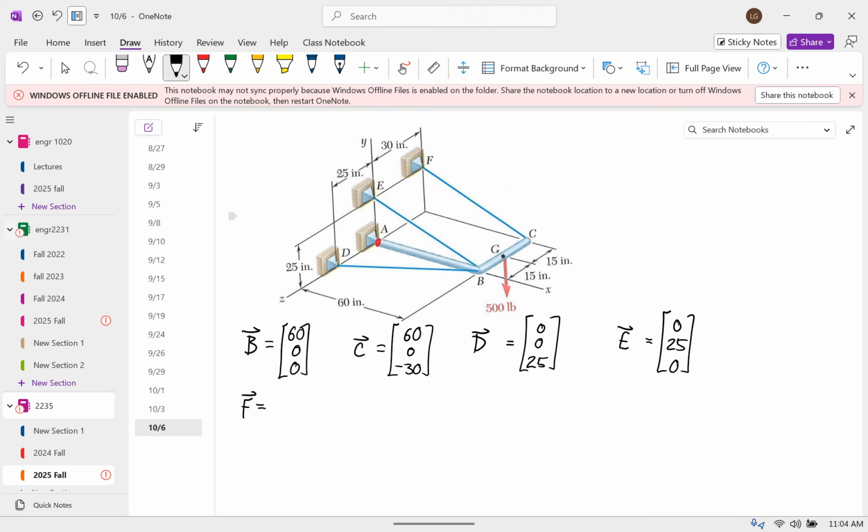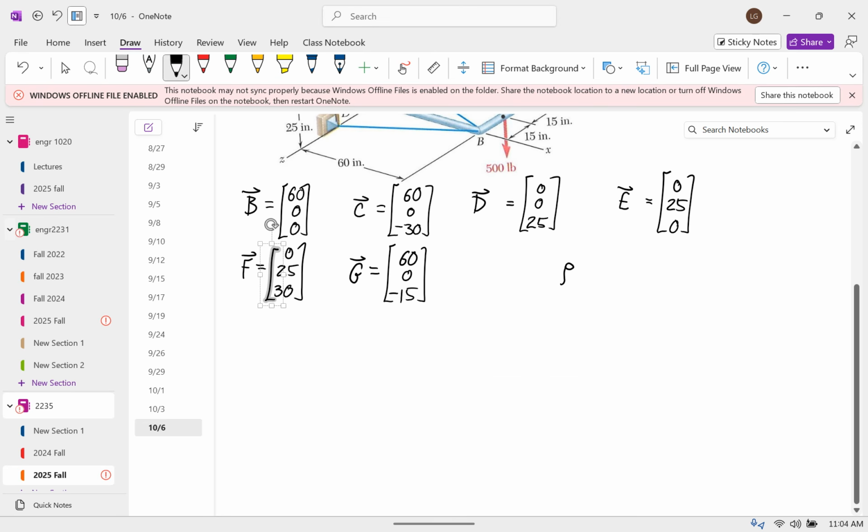F, from the origin, you have to go 25 in the positive y and then 30 in the negative z. G, you have to go 60 in the positive x and then 15 in the negative z. Okay, and that's all the points we need.